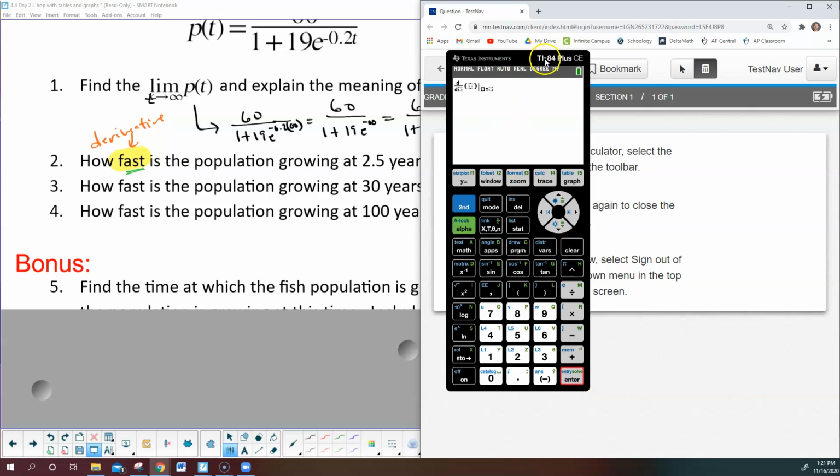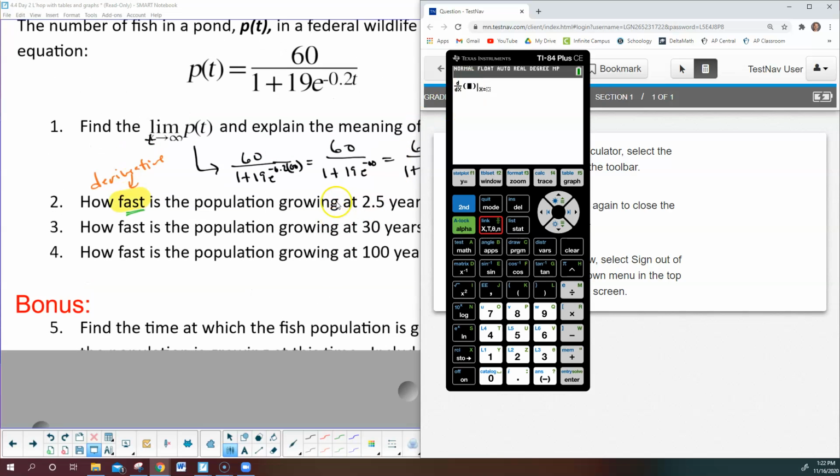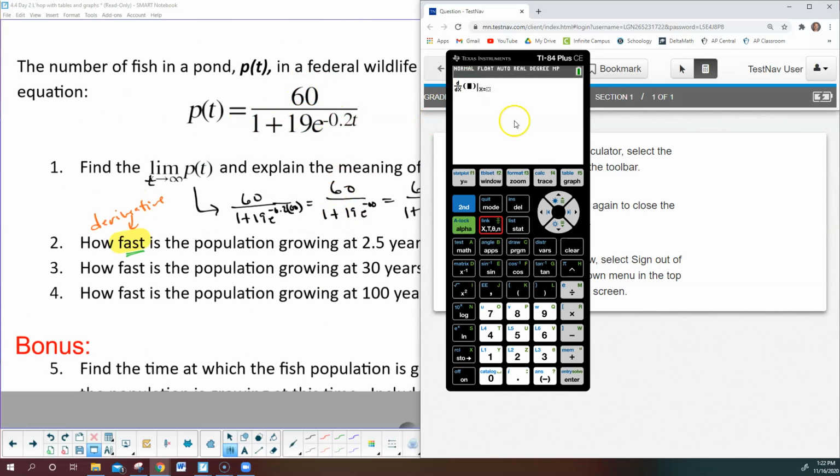Now, here's the benefit to using TI-84s, is it has this very friendly notation. If you don't have this notation, I'll show you what it would look like if you have a TI-83. But I have to have d over dx. So I got to put in dx, so I'm just going to hit the x value there. Then you have an option. You could type this equation in exactly like you see it, or notice how we already put it in y equals. Since it's already in y equals, this is kind of a new piece.